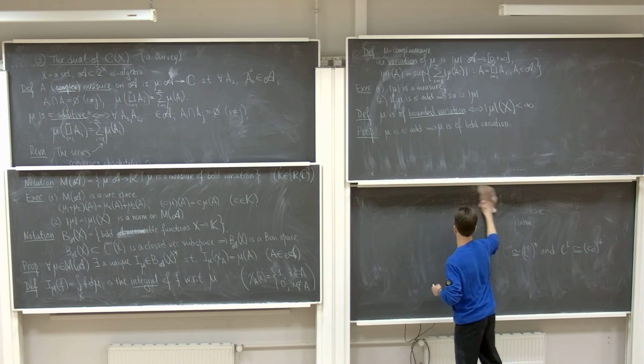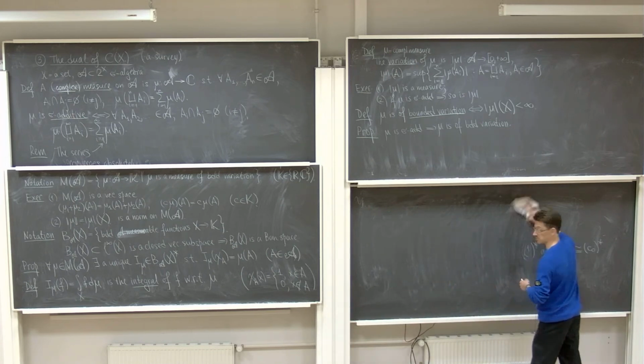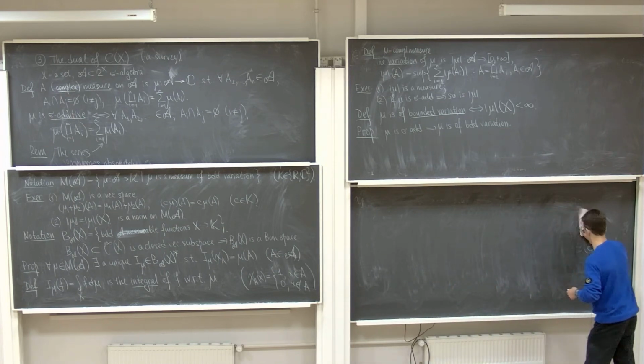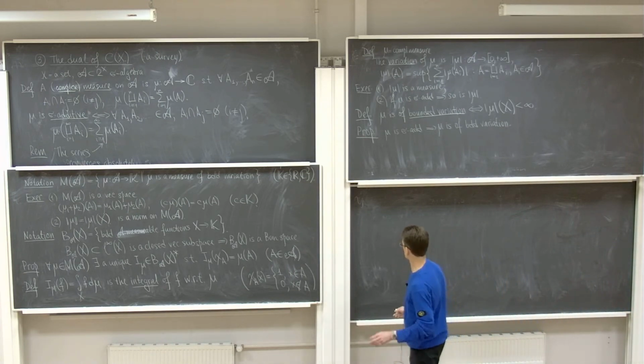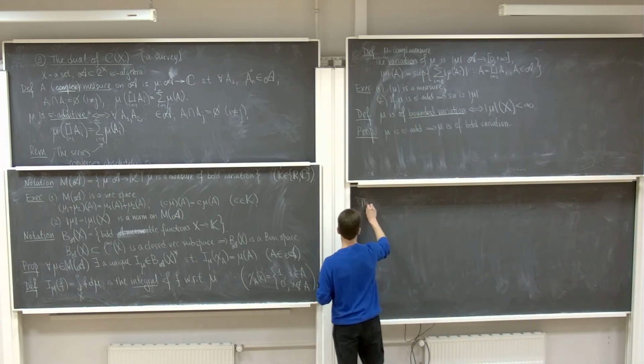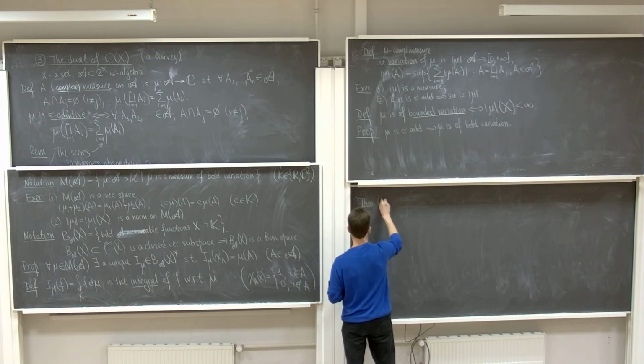In fact, it's easy to show that this construction describes all bounded linear functionals on B of x. We have the following theorem, which is sometimes attributed to Hildebrandt and Kantorovich.